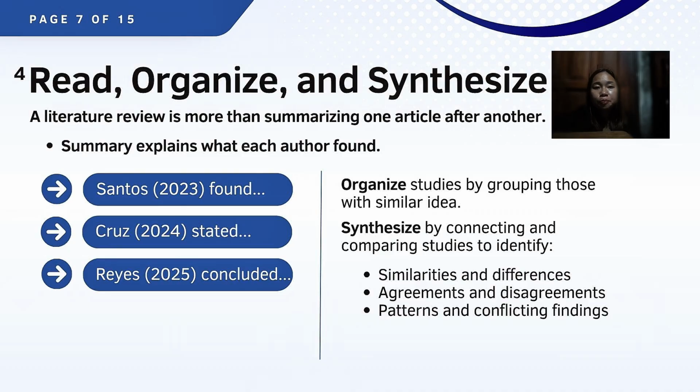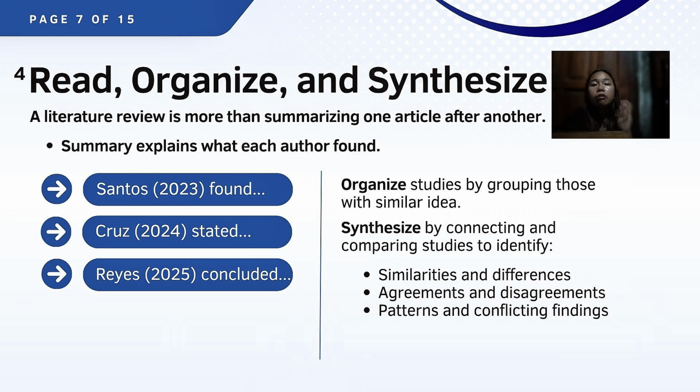For example, Santos 2023 found, Cruz 2024 stated, Reyes 2025 concluded. So these statements are correct. But if we only discuss studies one by one, we're not showing how they are connected. So instead, we should organize the studies by grouping those with similar ideas.